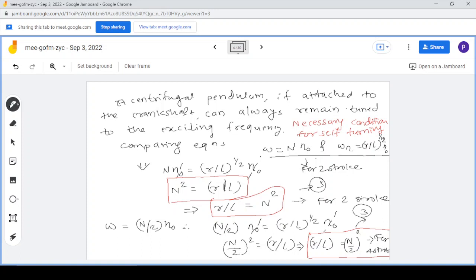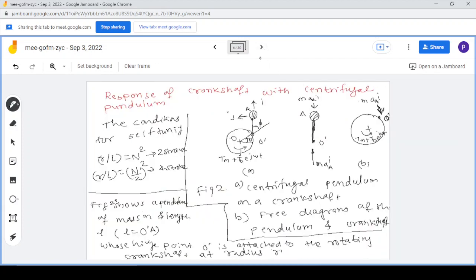Right? Now we wanted to obtain the response of the crankshaft with a centrifugal pendulum. For that we consider this crankshaft with a centrifugal pendulum attached at a distance a from O dash, which is the point of suspension.